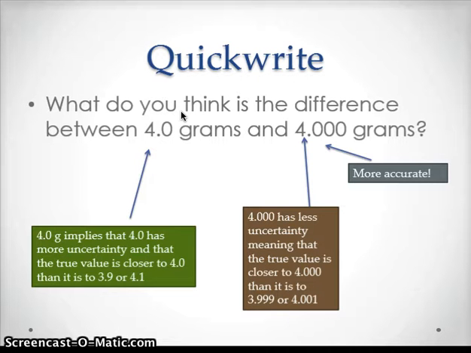That's what it's saying. 4.000 grams is saying that the answer is most likely 4.000, and it's more accurate than 3.9999 or 4.001. That's what it's saying. So the more decimals that you add, the more accurate your number tends to be.